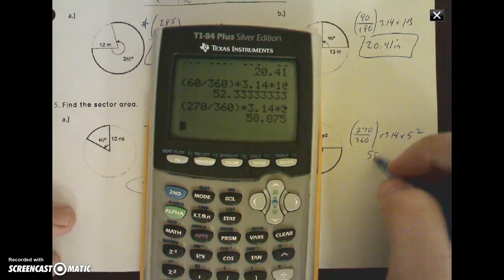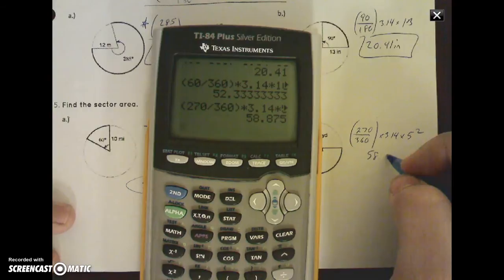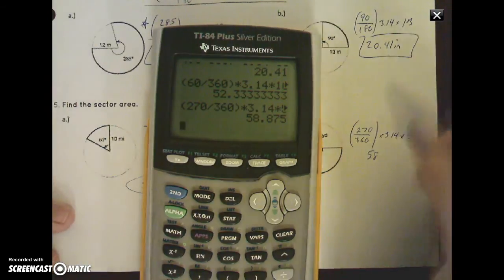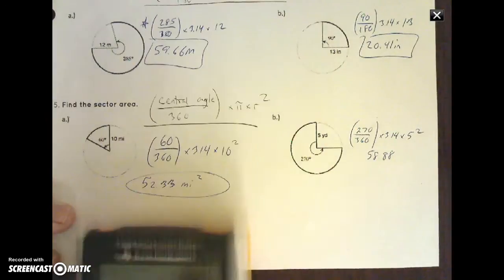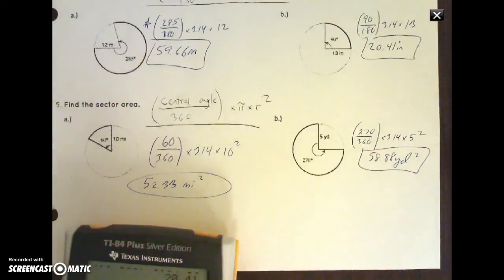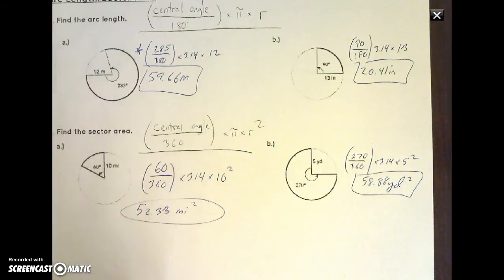So 58.875. If I want to round that to the second decimal place, 58.88. All right, yards squared. Okay, wonderful. So first page complete. On to the back.